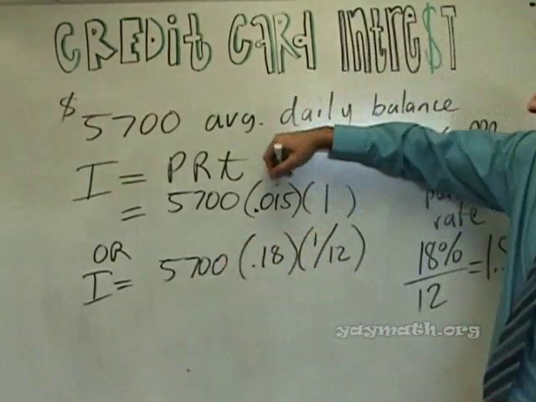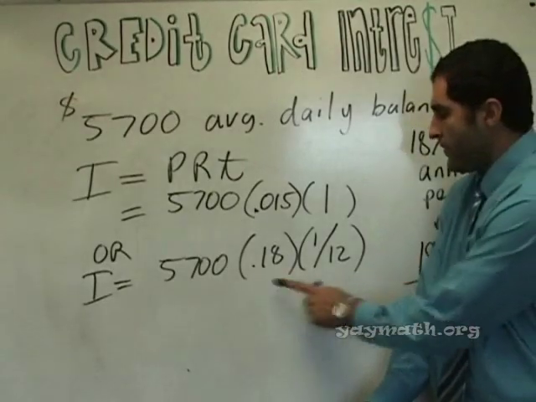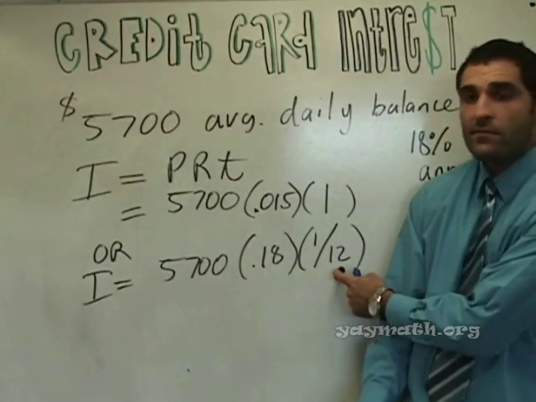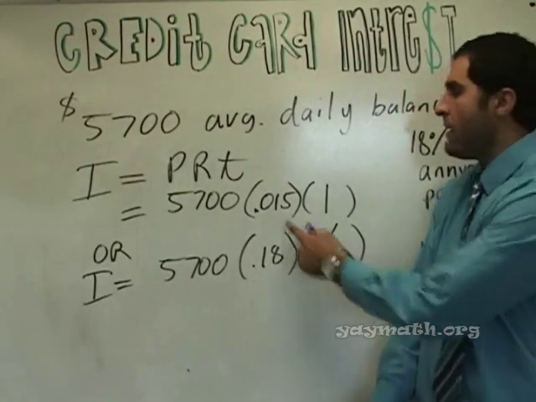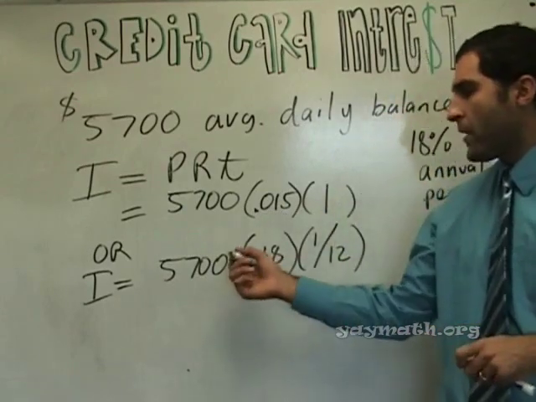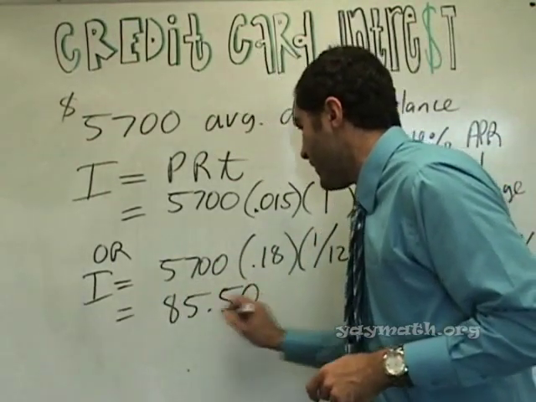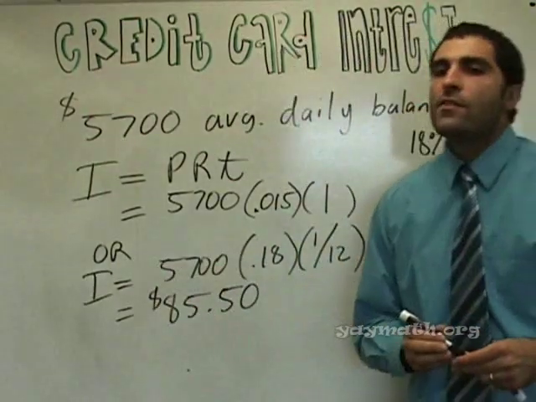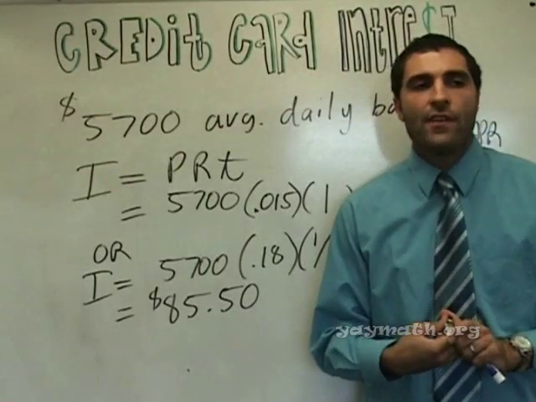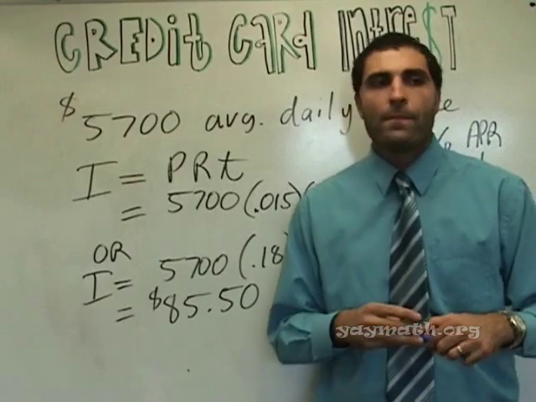We did the division earlier, but it's the same thing. This is a yearly rate and 1/12 of a year. This is a monthly rate and 1 month. So what do you get here? 85.5. So this is $85.50 worth of interest.